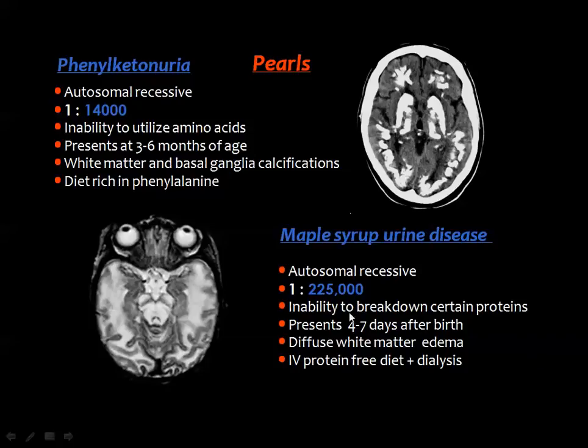The presentation is early in the first days of life with diffuse white matter edema indistinguishable from any other white matter edema, and the treatment is also related to diet, which may need an intravenous protein-free diet, and you may also need dialysis in order to remove the waste products resulting from the inability to break down these proteins.